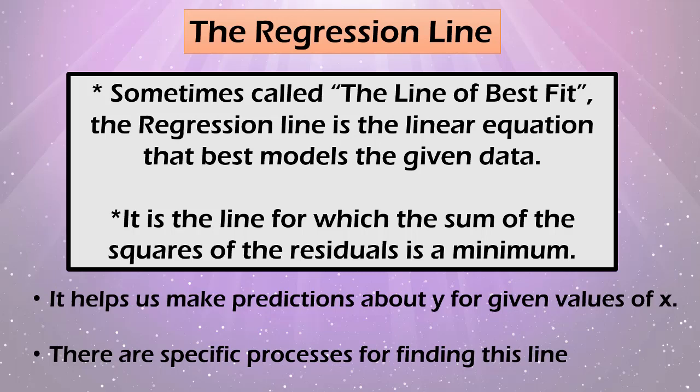So when we were doing the standard deviation, to get rid of the negativity problem, we squared the deviations. That way all the negatives went away. We're going to do that same thing here with the residuals. If we square the residuals, then all those negatives go away. So that's why we say it's the line for which the sum of the squares of the residuals is a minimum.